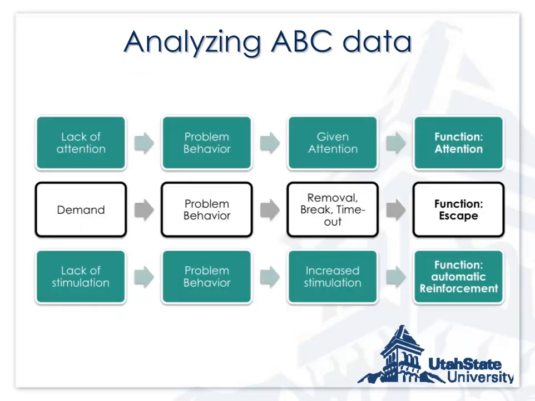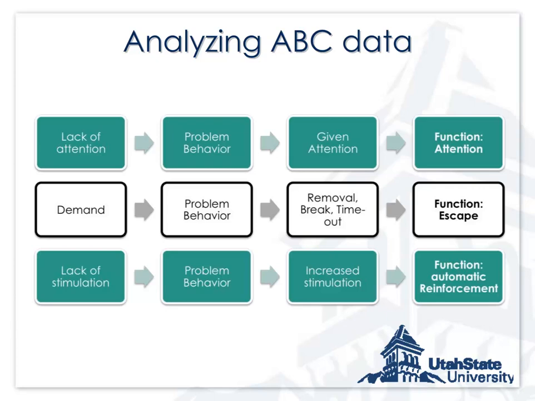For example, if the most common antecedent is a lack of attention, and the most common consequence is that the learner receives attention, and all other consequences occur at relatively low levels, then the function is most likely attention. If the common antecedent is that the individual is given an instruction, and then the problem behavior leads to the removal of the demand, then the function is likely escape.